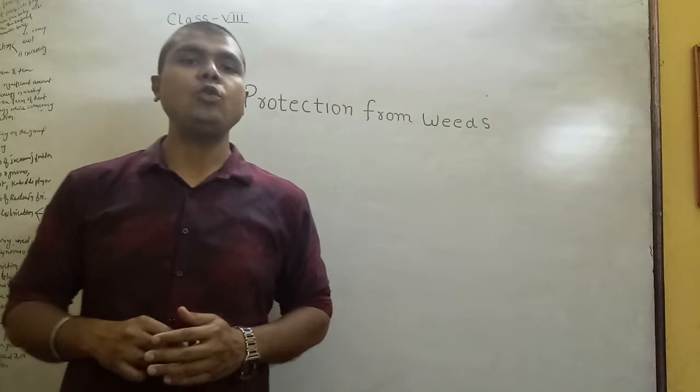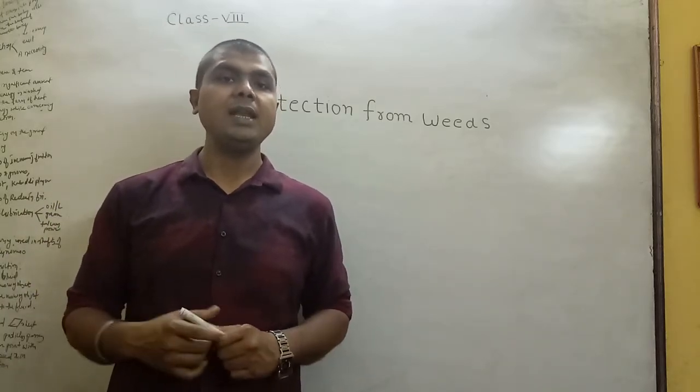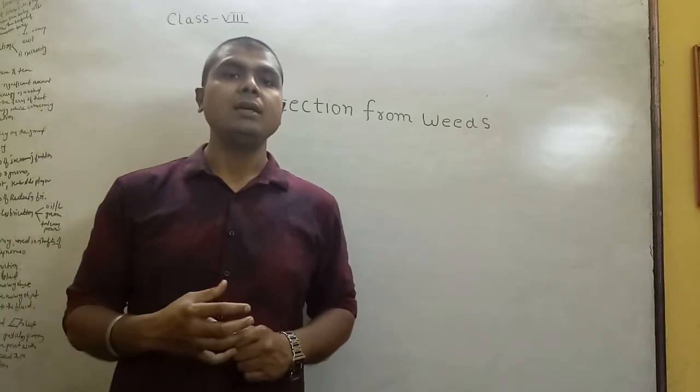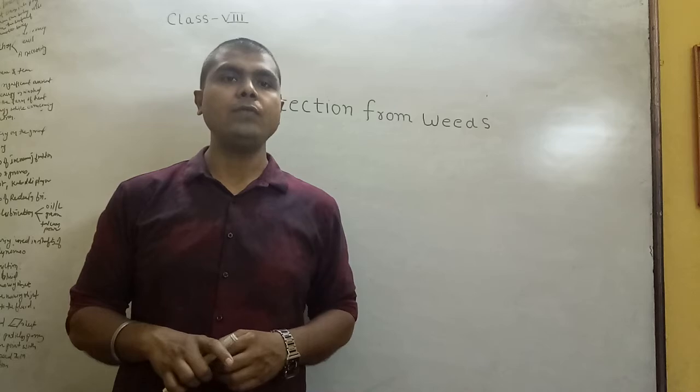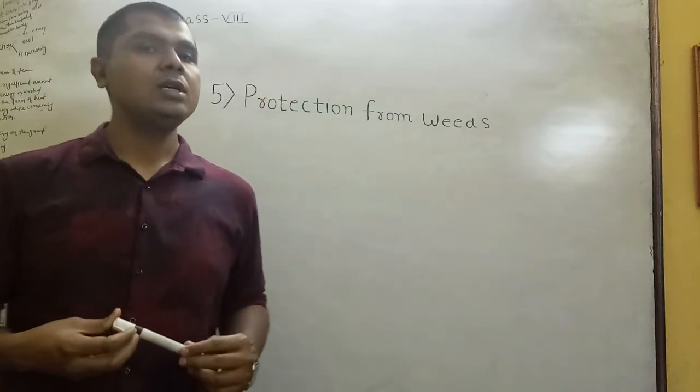So we need to protect the crops from weeds. Unless we protect them from weeds, we cannot get a good supply of crops, good productivity of crops. So what is the way out?